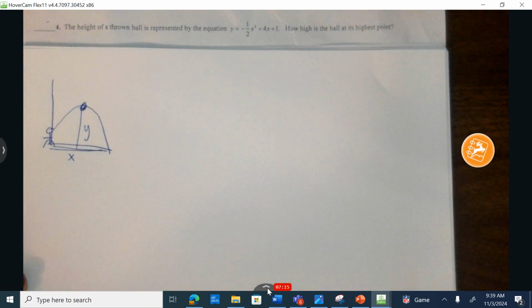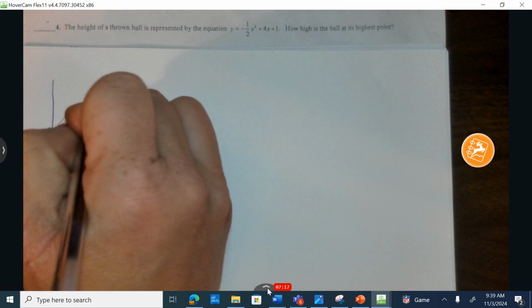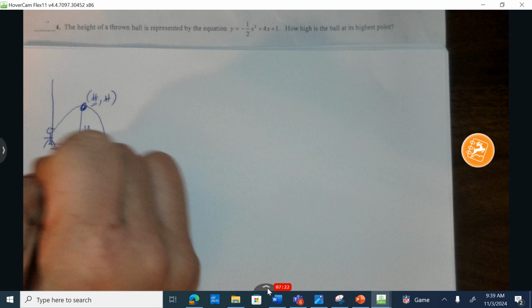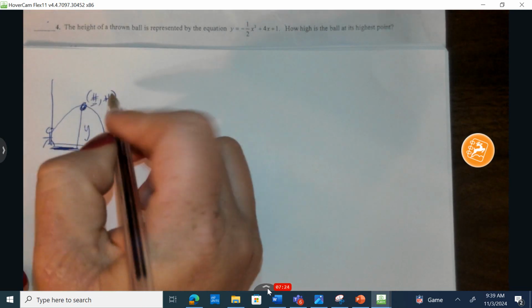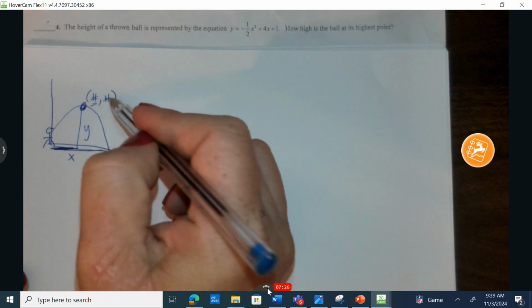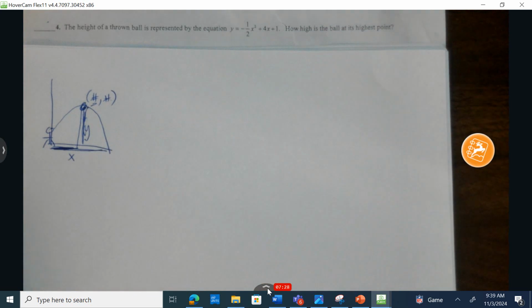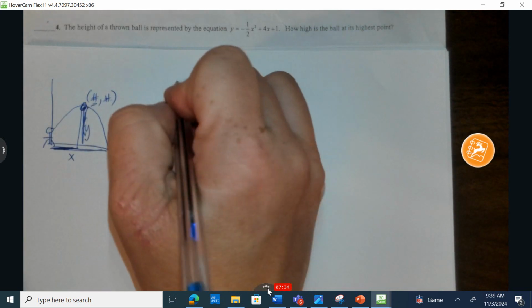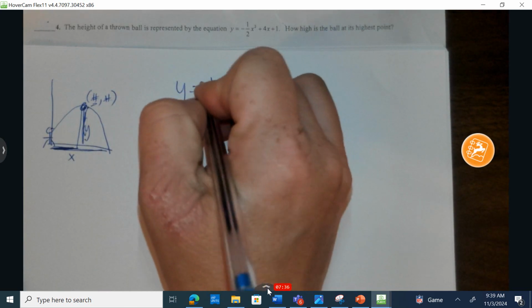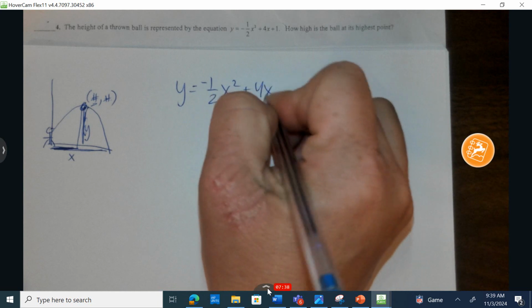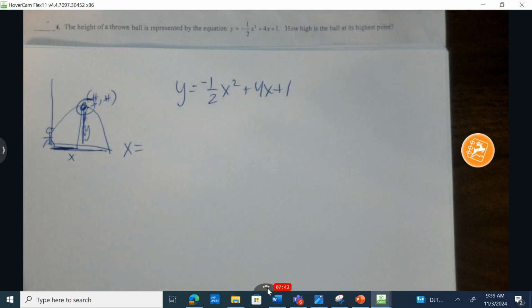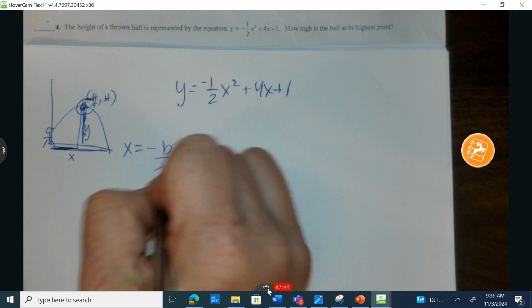That means we want to figure out this maximum, and this maximum will have both an x and a y value. The x will tell us how far it goes before it hits the maximum, and the y will tell us the maximum height. Let's go ahead and do this. I'm going to write down this equation, and I know to find this point, I use the basic equation x equals negative b over 2a.